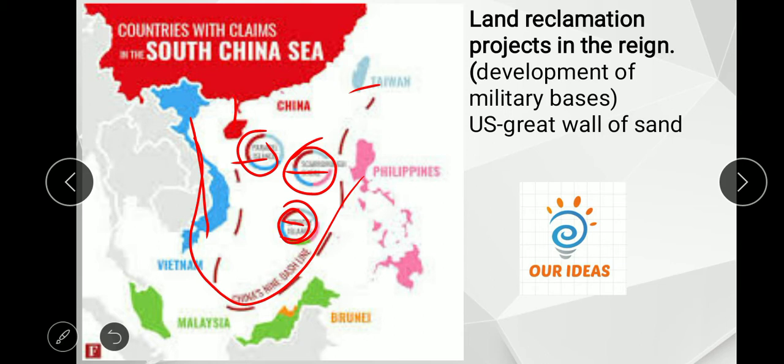Along with it, China is constructing artificial islands in the region, known as its land reclamation project. China is developing military bases there, and the US calls these bases the Great Wall of Sand.